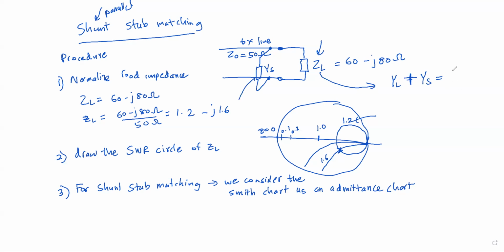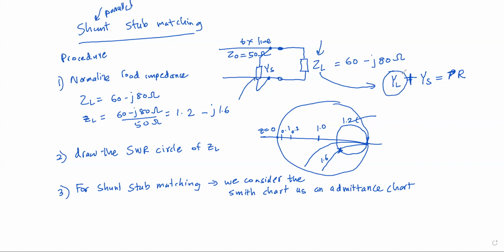So we want to cancel out all the imaginary parts. So we want to get some real value, which is some number not containing any kind of imaginary part, right? In order for us to do that calculation, it is very easy if we have the values of these impedances in admittance form. Therefore, we directly convert our load into admittance form.